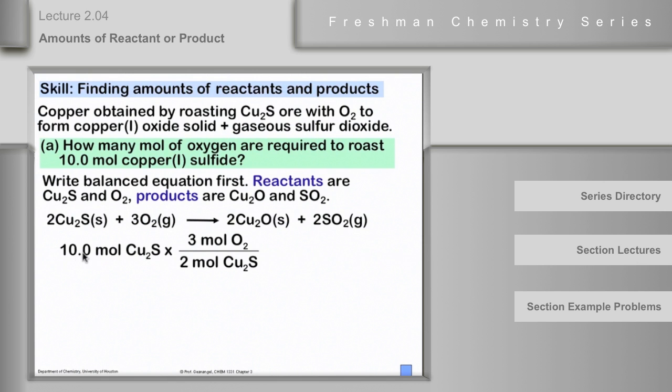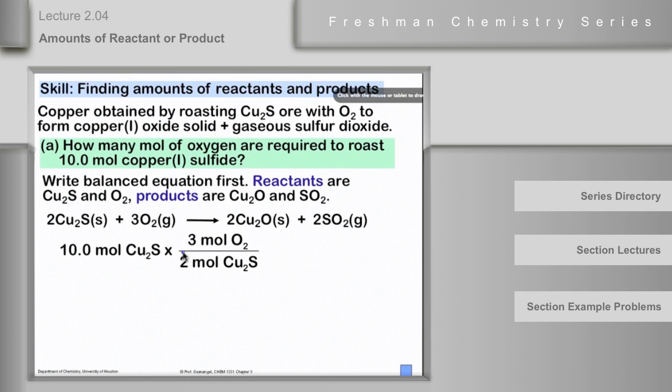So we're going to do a mole of copper 1 sulfide conversion to moles of oxygen. So moles of oxygen with the coefficient has to be in the numerator of the mole ratio here, and moles of copper 1 sulfide have to be in the denominator.